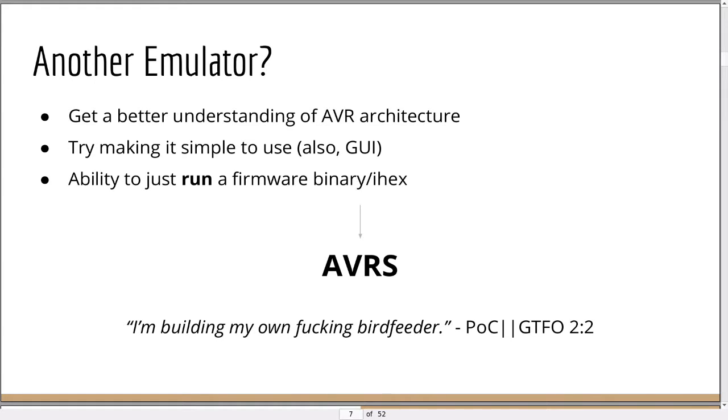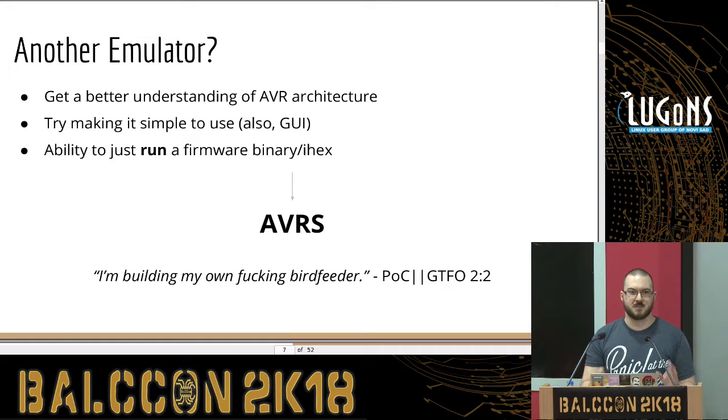So to get around that, I just decided to write my own emulator, mainly to understand what is happening in SimAVR and what is happening in the underlying AVR architecture. I also wanted to make it somewhat simple to use with a graphical interface, because I'm more the visual type. I like working with visual tools. And I just wanted to run a firmware binary and see what it does. And that was the birth hour of AVRS, which is my bird feeder.